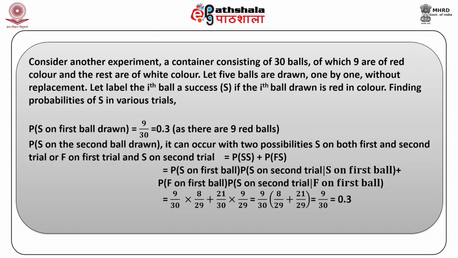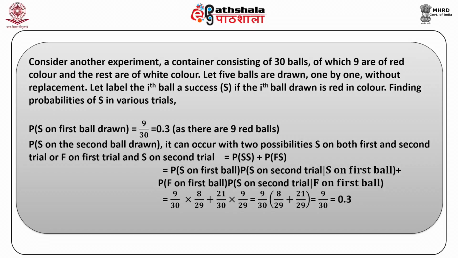Let us consider another experiment. Say a container consisting of 30 balls, of which 9 are of red color and the rest are of white color. Let 5 balls be drawn one by one without replacement. Let us label the ith ball a success S if the ith ball drawn is red in color.